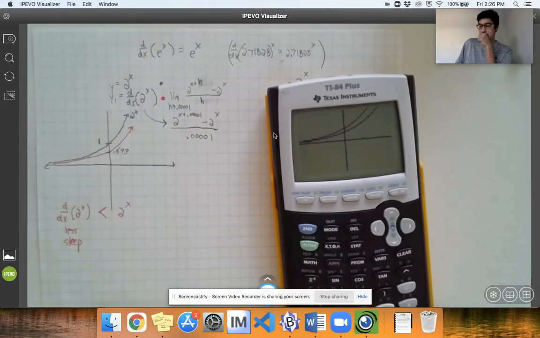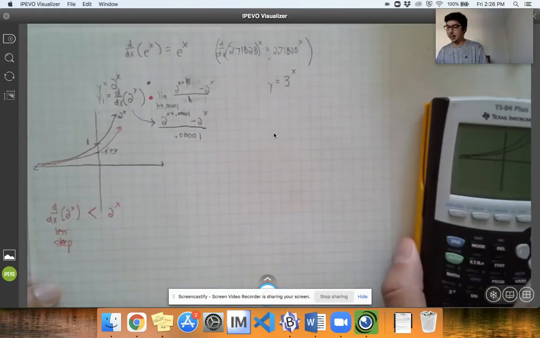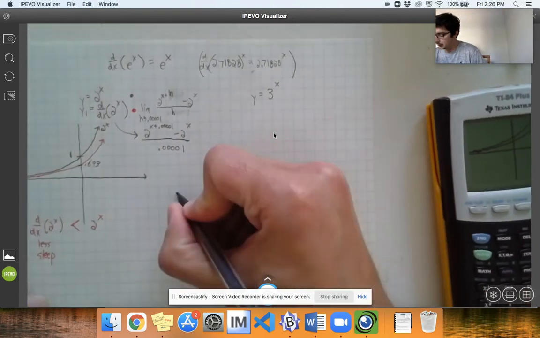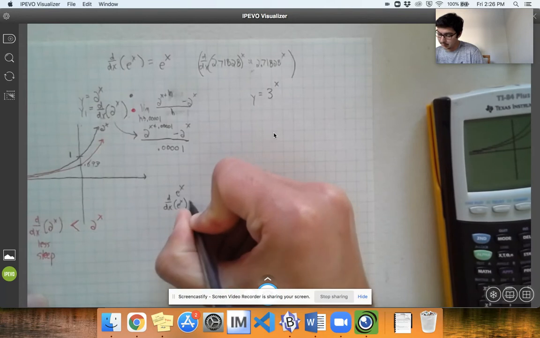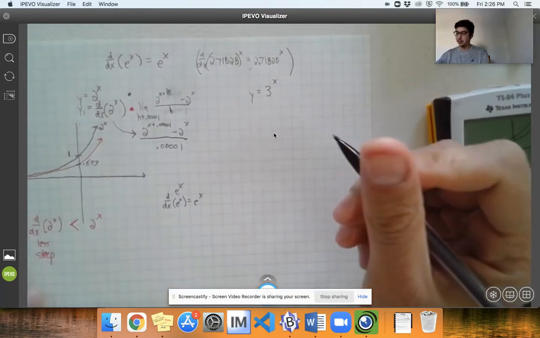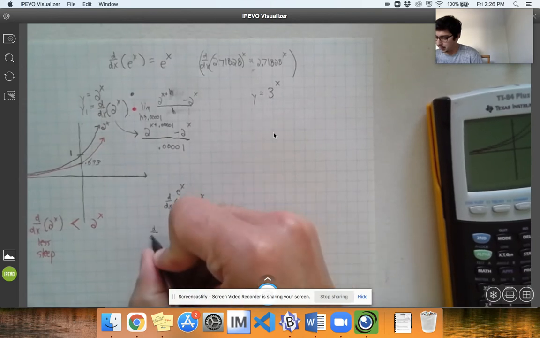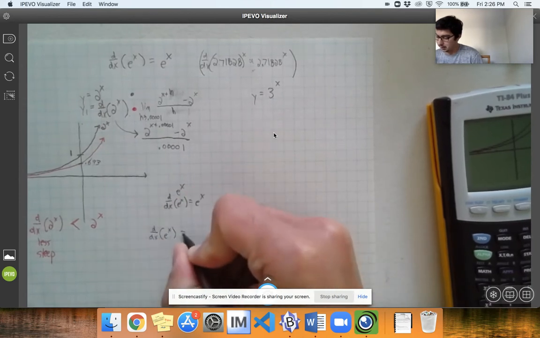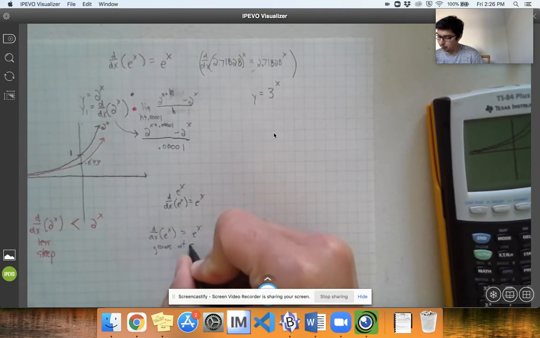Okay. Now, recall before I look at, say, 3 to the x, remember that if I did e to the x, and the derivative of e to the x, which was in fact e to the x, what we know is that they grow at a proportional rate. d dx of e to the x is equal to e to the x, meaning that it grows at the same rate.